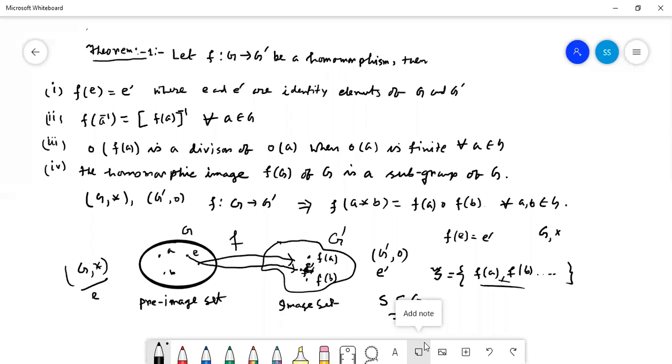If G is a group, then S will be a subgroup of G'. That was the 4th point. If G is a group, then with respect to the same composition, S also makes a group which is lesser than G'. That means S is a subset of G'. That is written here. Is it clear now?